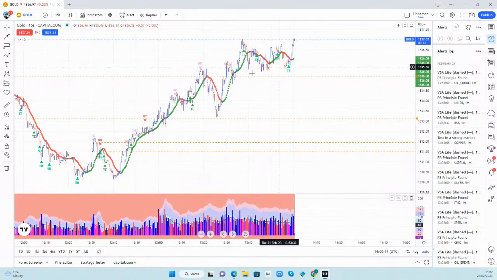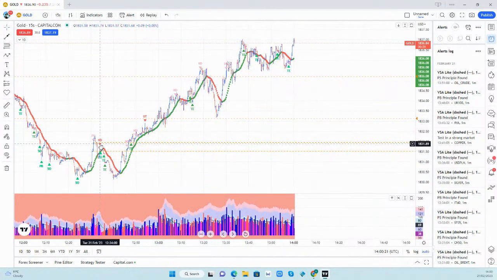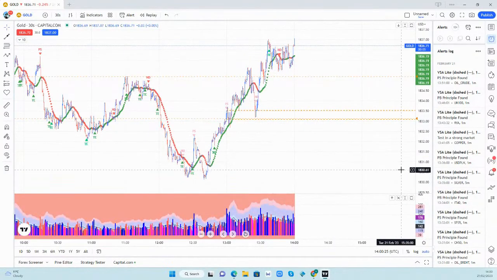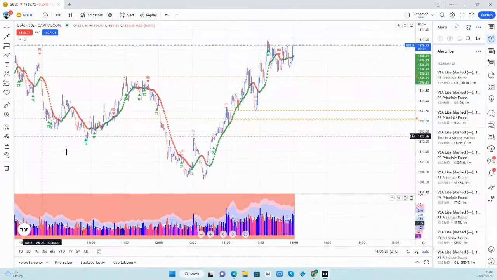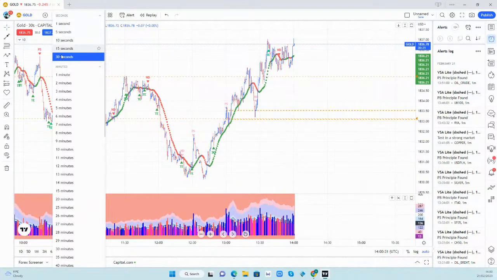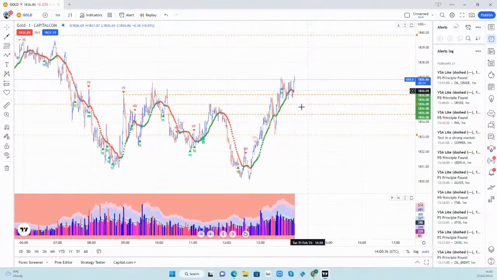On a 15 second chart, you can see it's pushing up, and we're above the trigger line. 30 second chart, same, we're above the trigger line. 1 minute chart, we're starting to go above the trigger line now.